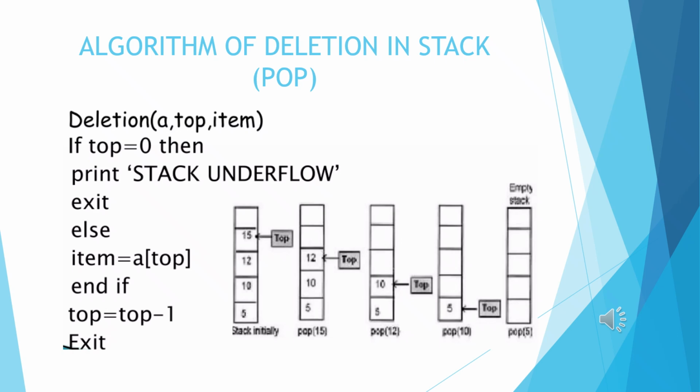Then it prints stack underflow, which means there are no elements in the stack, and then it exits or stops the operation. If the stack is not empty, the top element is copied into item and the element is removed. Then the top is decreased by 1. The stack now considers the next element as the new top.